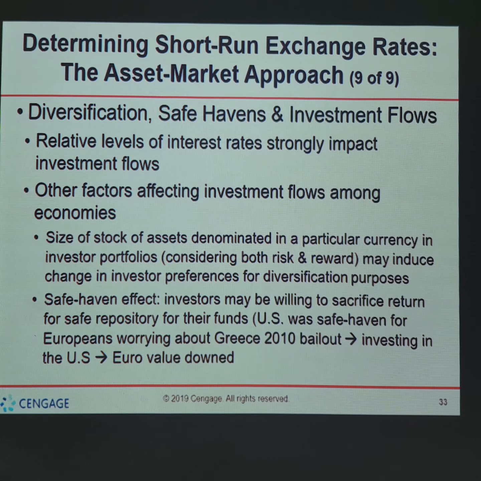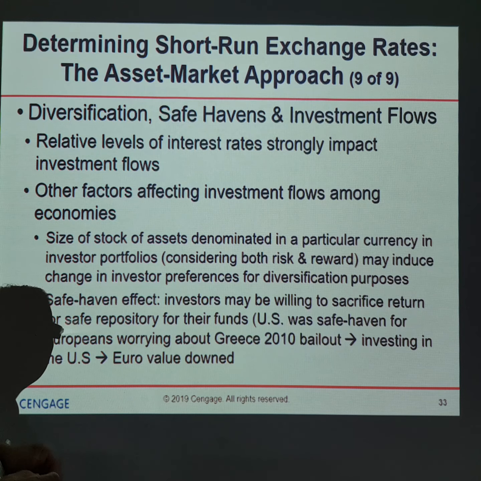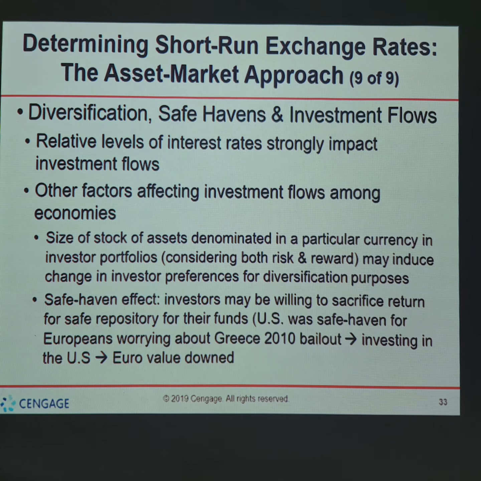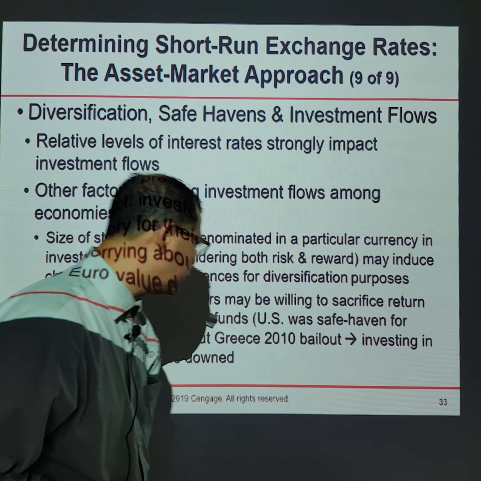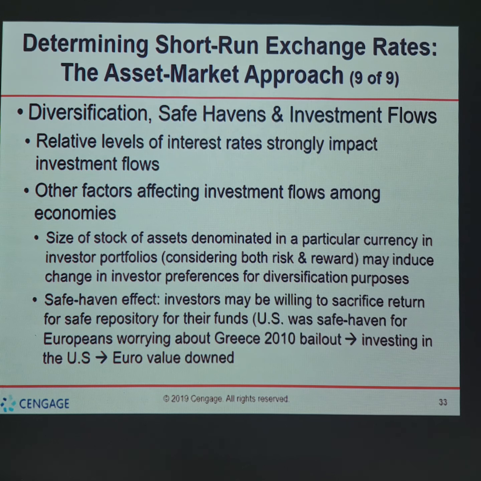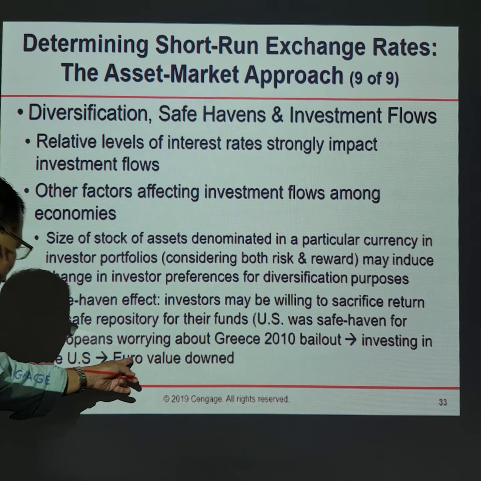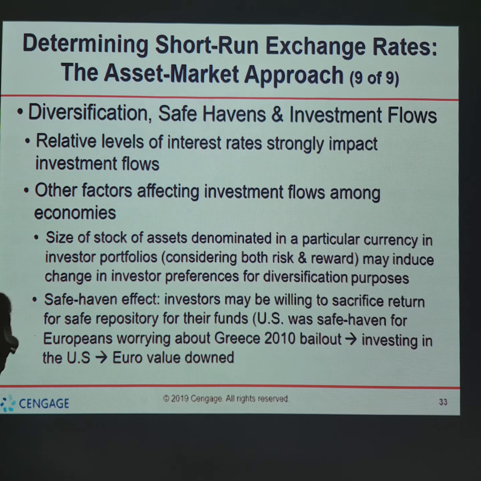So there's also the safe haven effect. Investors may be willing to sacrifice return for a safe repository for their funds. For example, the US was a safe haven for Europeans worrying about the Greece 2010 bailout. So Europeans invested in the US, so the euro value was down.